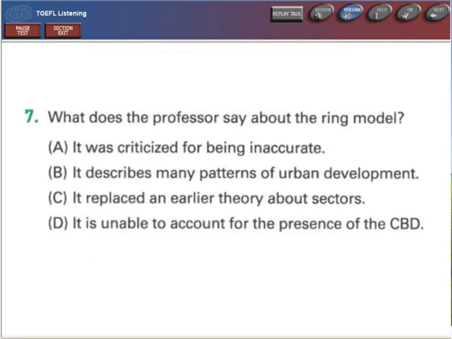What does the professor say about the ring model? Eight.